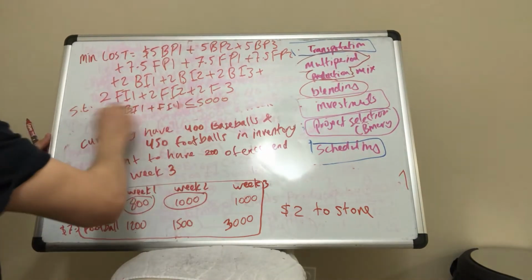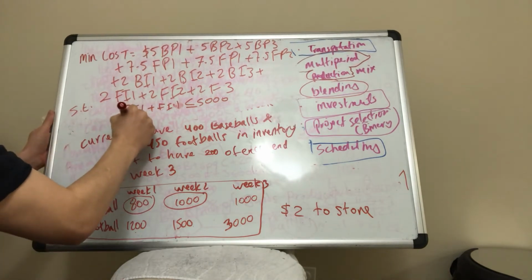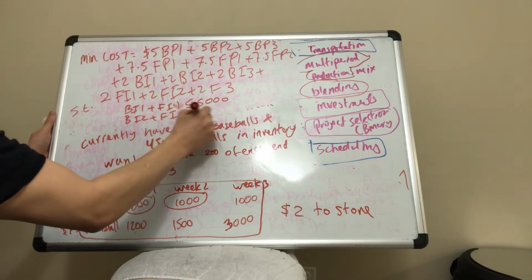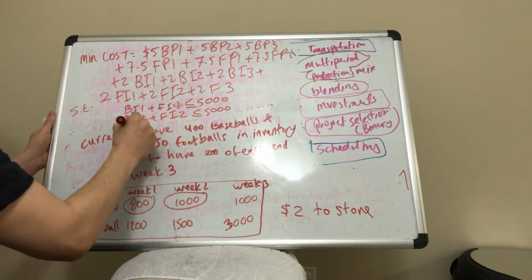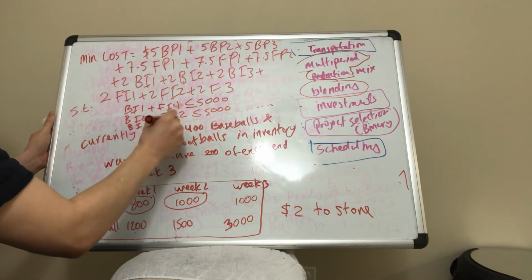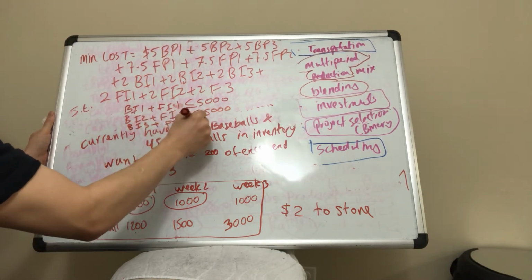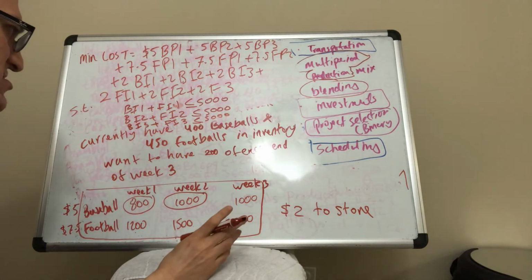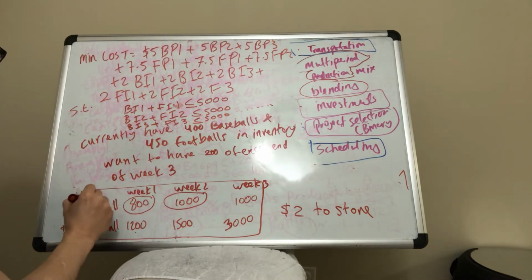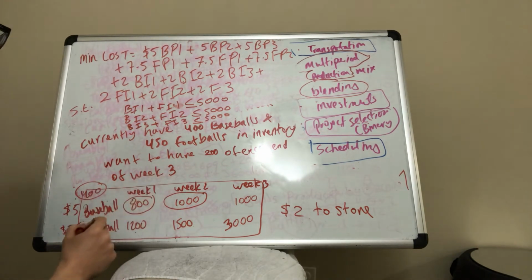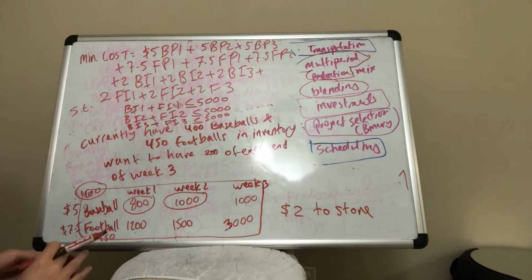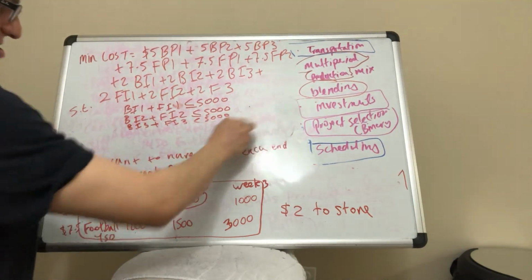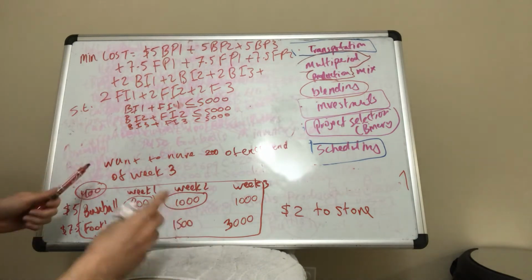For week 2, you can store a baseball, you can store a football, maximum 5,000. Same for week 3. You currently have 400 baseballs stored and 450 footballs stored. And they tell you you also need to have 200 at the end.